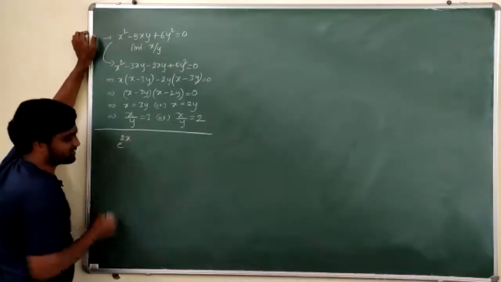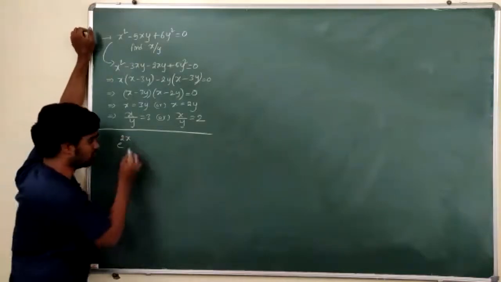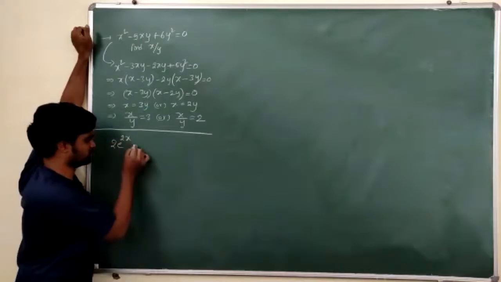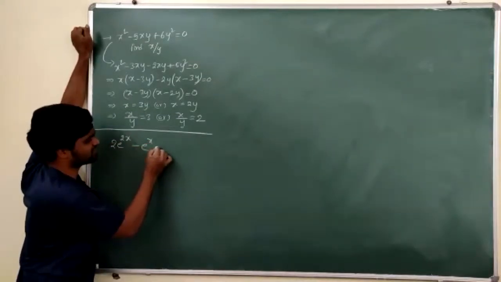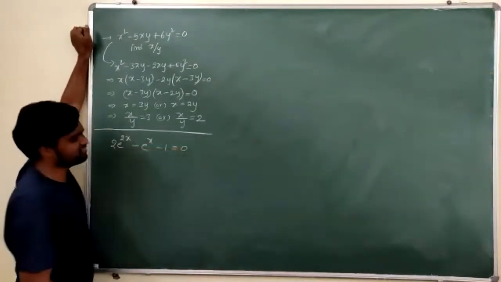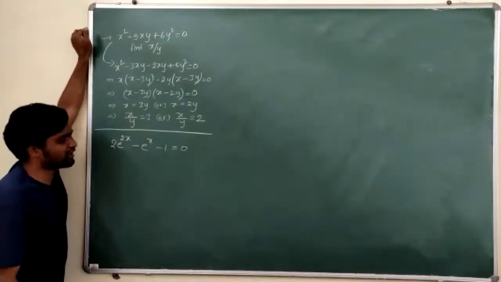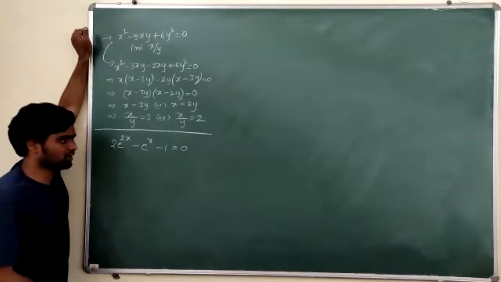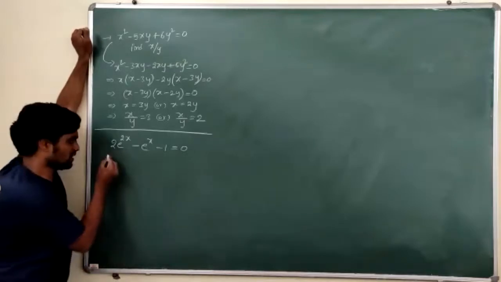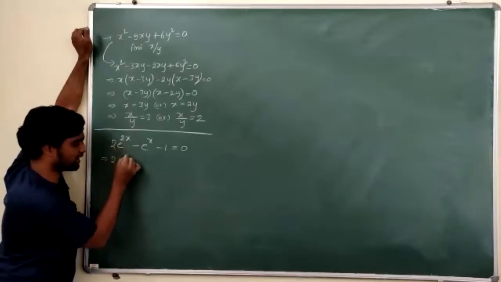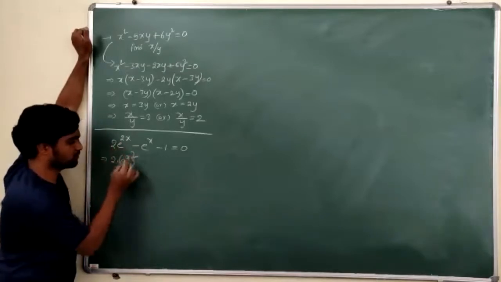E power 2x, 2e power 2x minus e power x minus 1 is equal to 0. So how to solve this? See, 2 into, can I write it as e power x whole square?